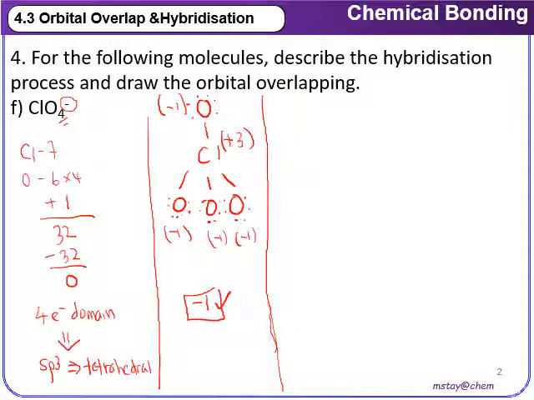From here, we start with the ground state of chlorine. Chlorine is in period 3, so we show the 3s, 3p, and 3d orbitals. Chlorine originally has 7 valence electrons, 1, 2, 3, 4, 5, 6, 7.